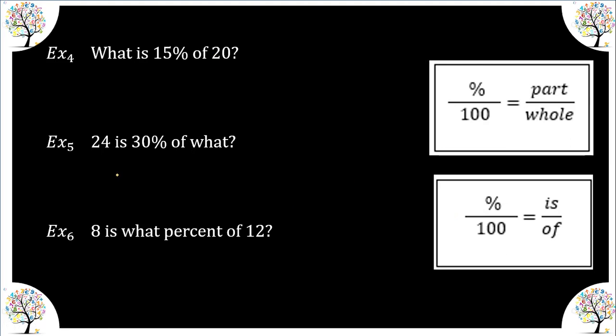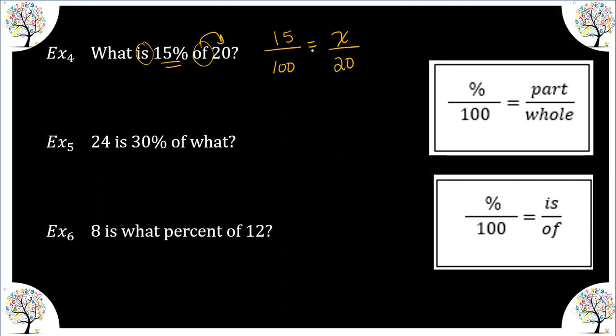So let's take a look at some examples. What is 15% of 20? So we have the is and the of, and then we have our 15%. So 15 over 100 is equal to what is, we don't know what the part is, so that's our x, and then the word of is before the number 20.